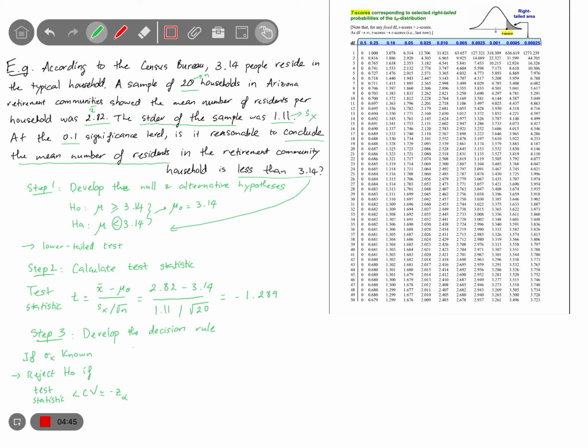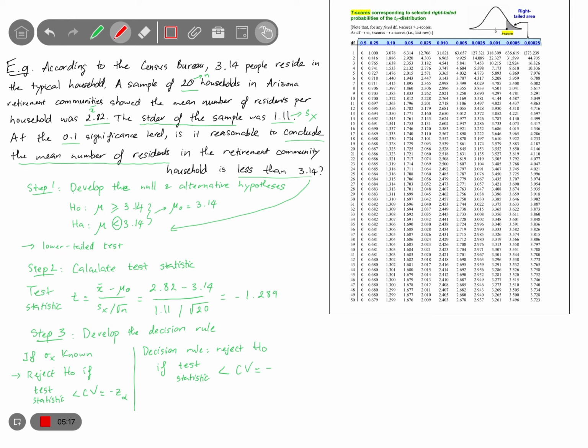But here we do not know the population standard deviation, and so our decision rule will be to reject the null if the test statistic is less than the critical value, and the critical value here will be negative.